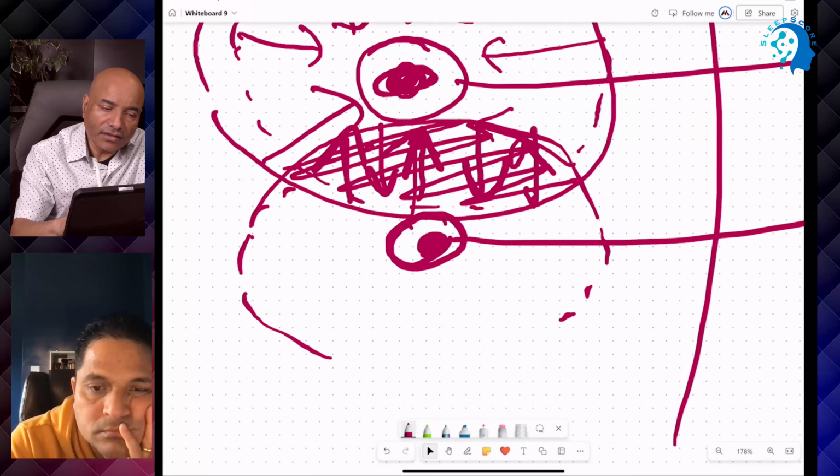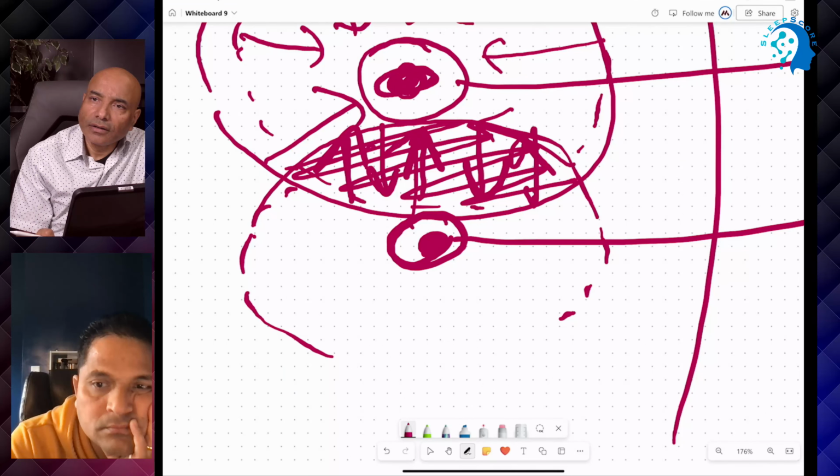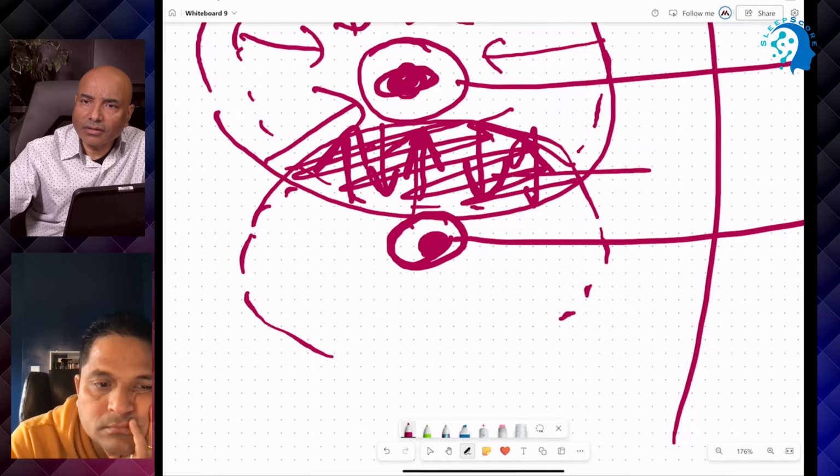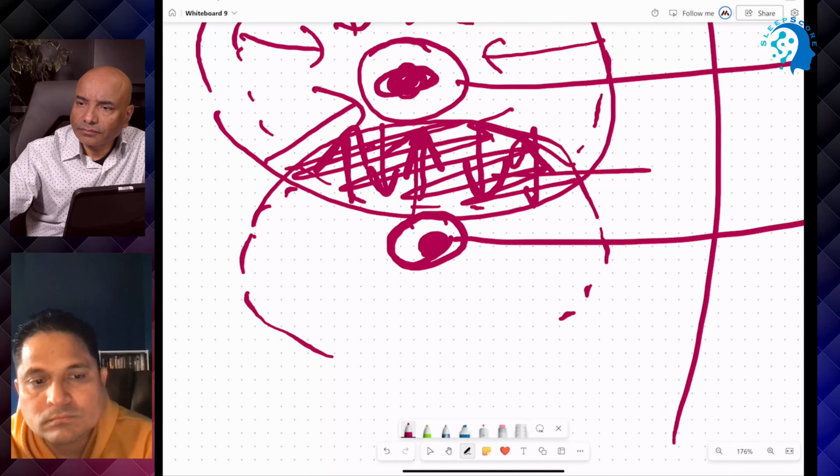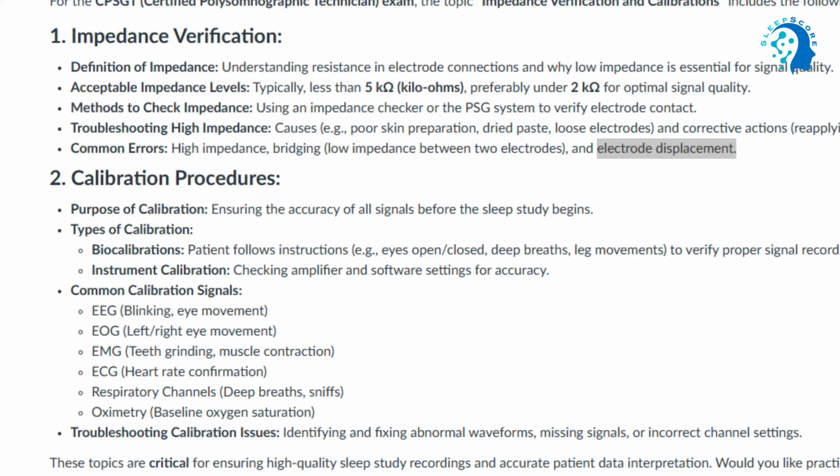Do you understand this thing? So this is what it says here: low impedance between two electrodes.